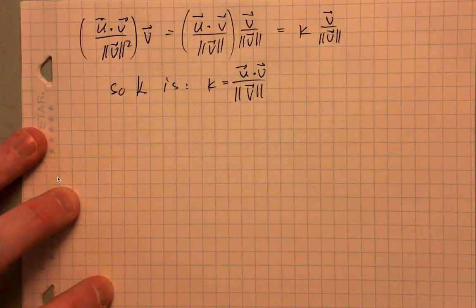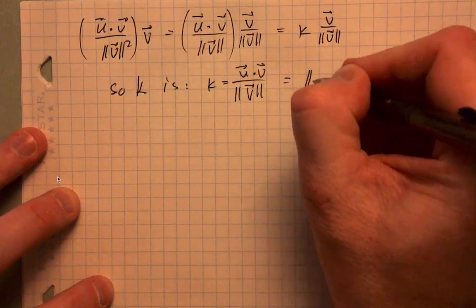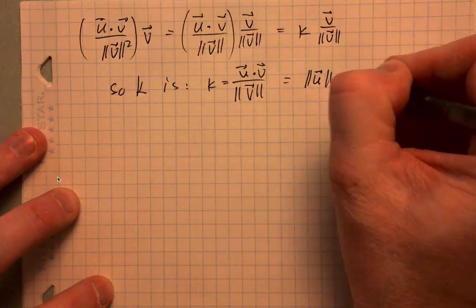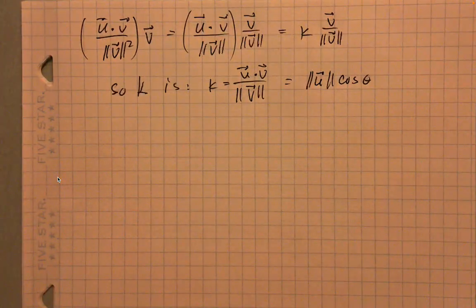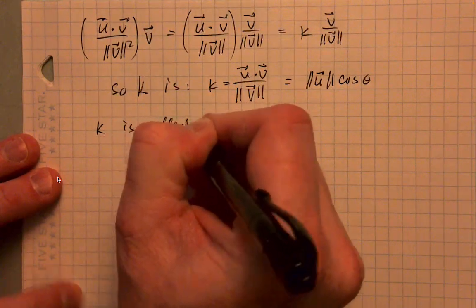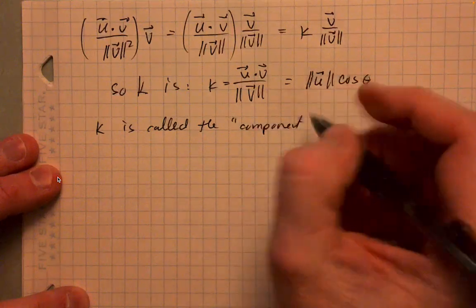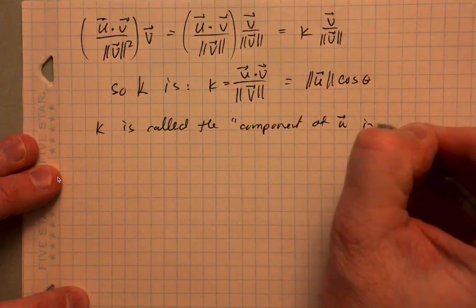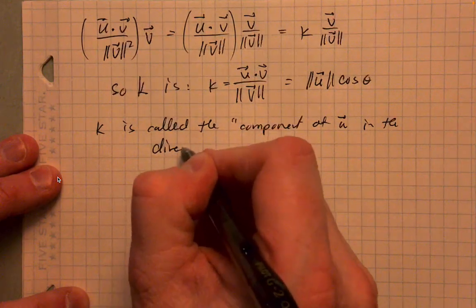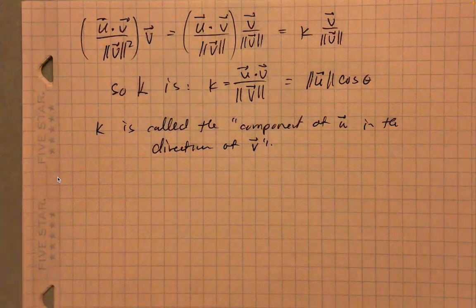And we know that's equal to the norm of U times cosine of theta. Okay. And what we say here is that K is called the component of U in the direction of V. That's what that scalar is called.